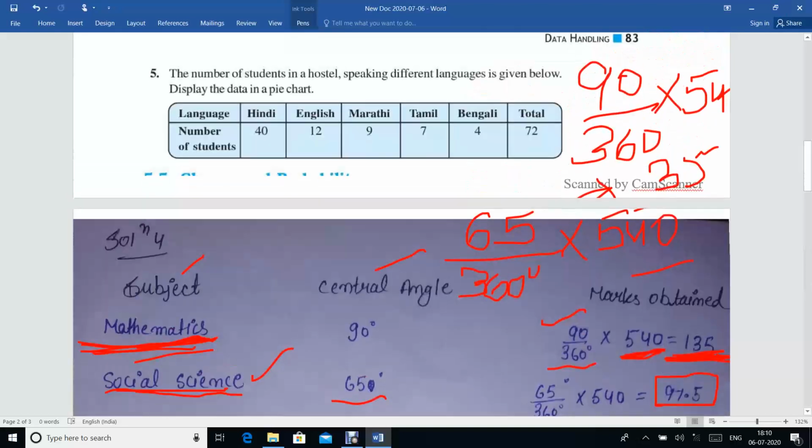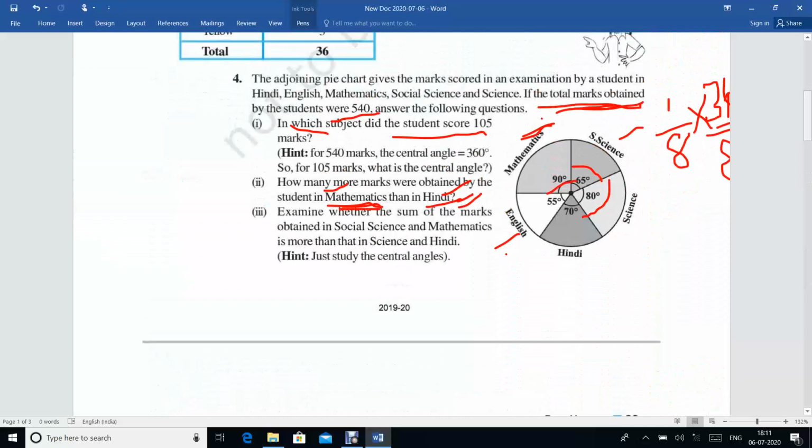Let us see the next part of question number 4, and the next part is: examine whether the sum of the marks obtained in social science and mathematics is more than that in science and Hindi.